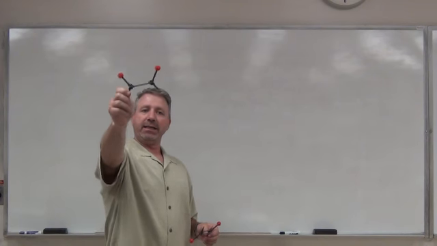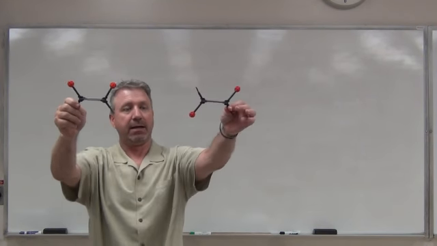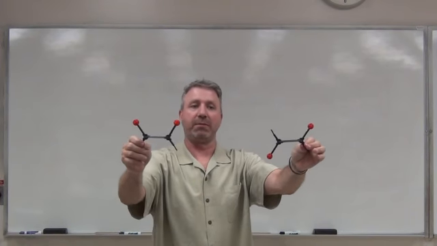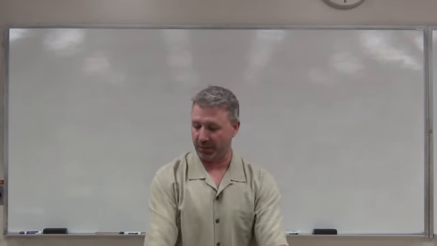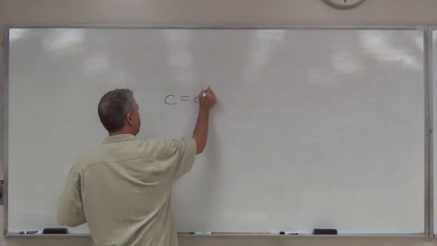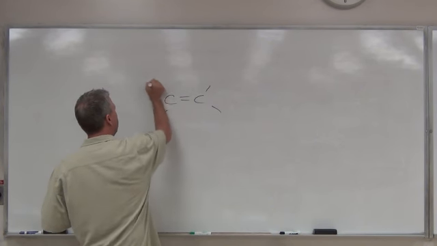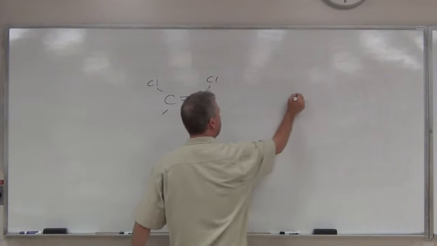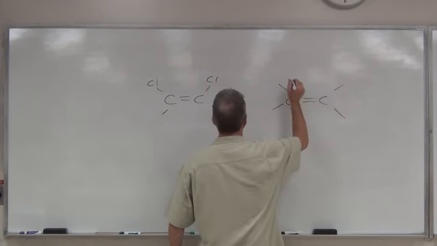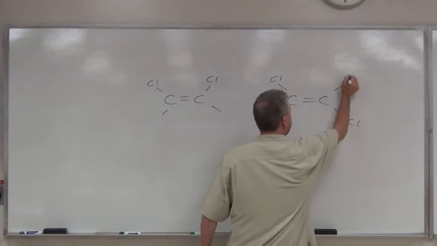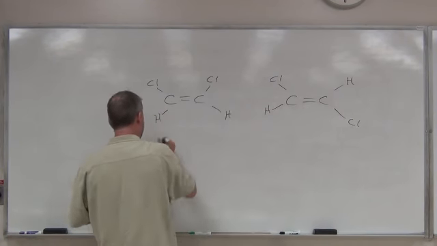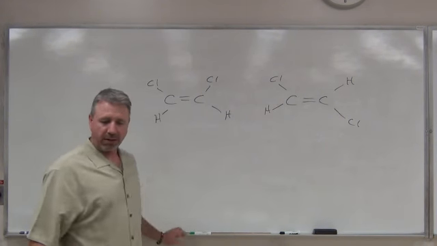I have an alkene here, ethene. I have another one here. And I've chosen to substitute both carbons. Let's say I put chlorines on both of them. Okay? Chlorines on both of them.